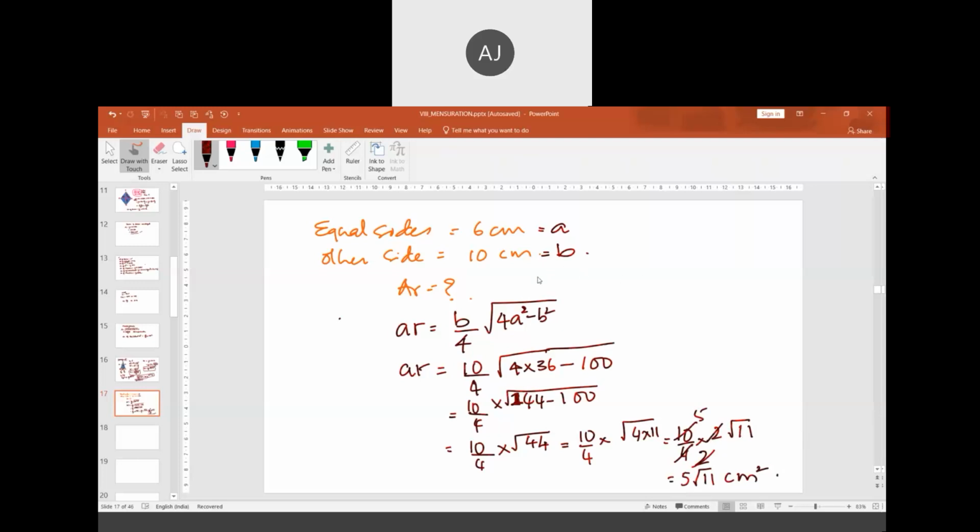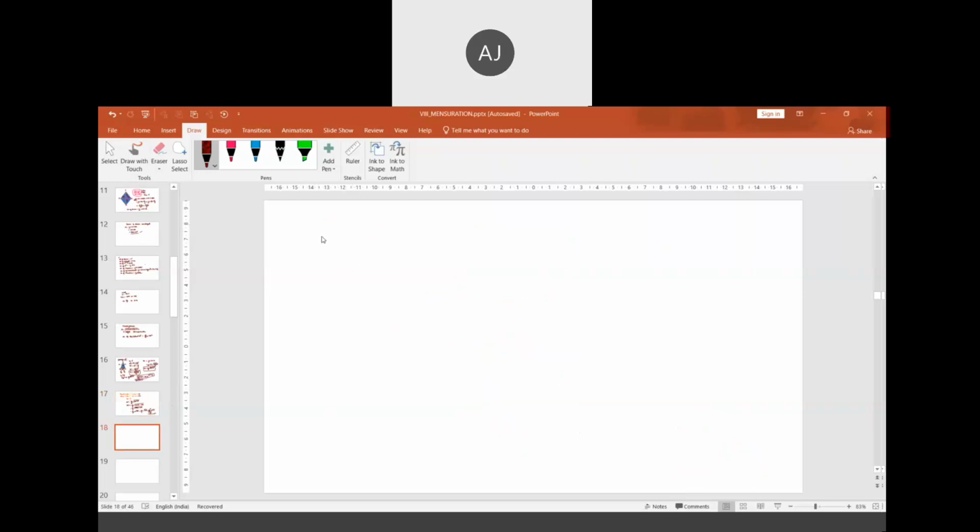Yes, you can ask. Sir, this question is from NCERT only. I found it difficult. In a general quadrilateral, we have to find the area. Okay, tell the details. One side is 4 centimeter, one more side is 5 centimeter, another side is again 4 centimeter, the opposite side, and again 5 centimeter.